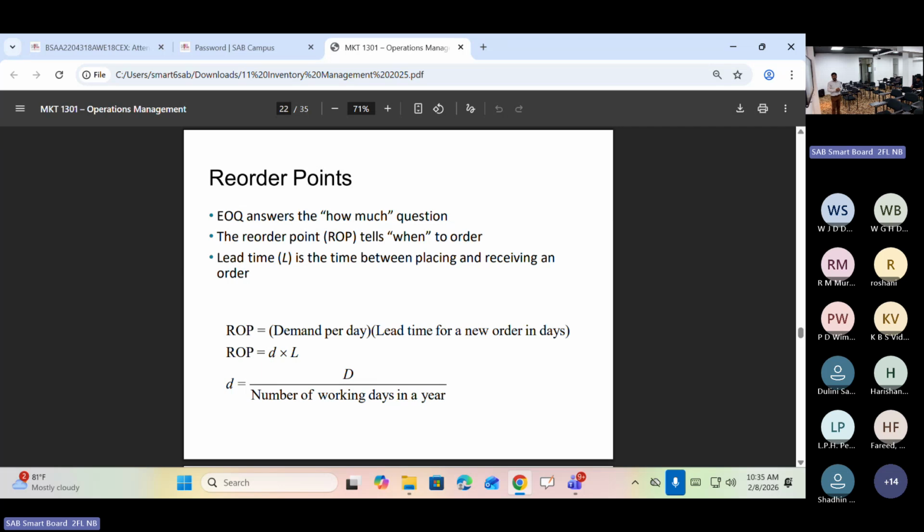Reorder point equals average daily demand, simple d, times lead time, capital L. How to calculate simple d? That is the annual demand divided by the number of working days. Multiply that per day demand by capital L, the lead time, and you get the reorder point.